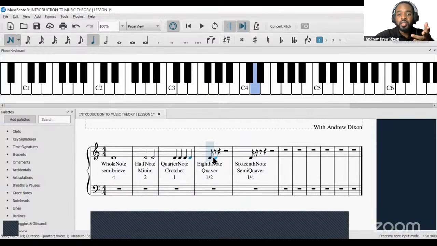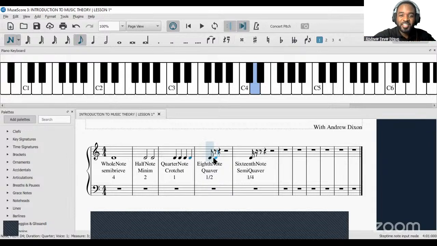Who can tell me how many quavers or how many eighth notes do I need to have in the next measure to make complete 4 counts? Drop your comments.